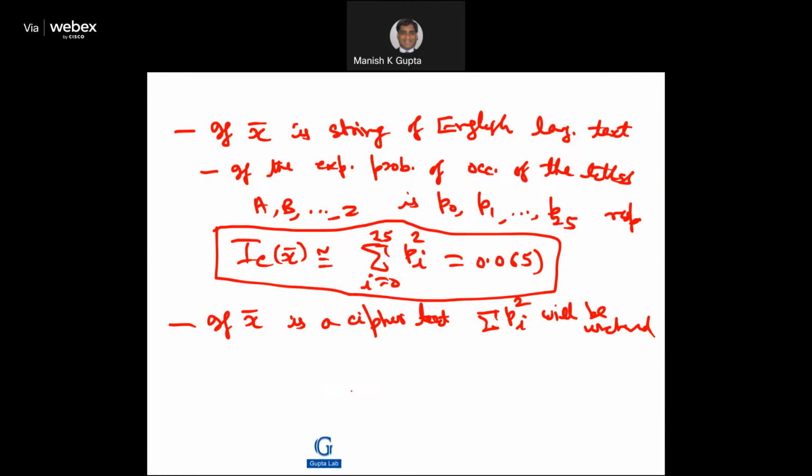Index of coincidence of English language is 0.065. So this is the observation. The good thing is that if x is a cipher text, this probability will also remain unchanged. So basically, this IC of x is a beautiful magical thing which we can use to compute both M and the key.